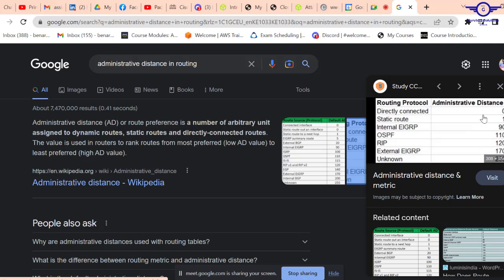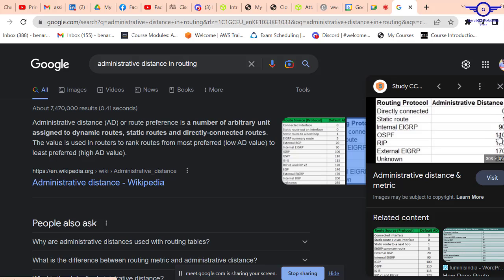And if I click on this, you can see that each routing protocol has a different administrative distance. For example, a directly connected network has zero. A static route has an administrative distance of one. Internal EIGRP has 90. OSPF, which is now the protocol in question, has 110, and so on and so forth.